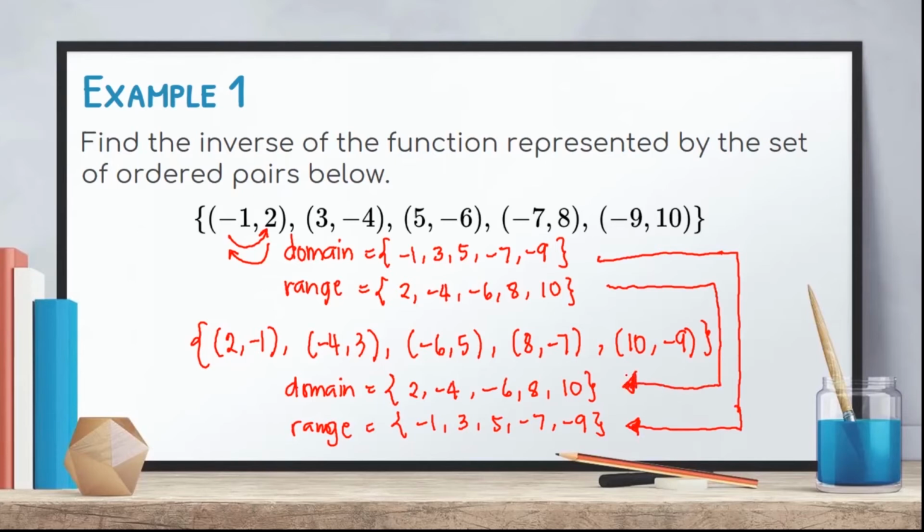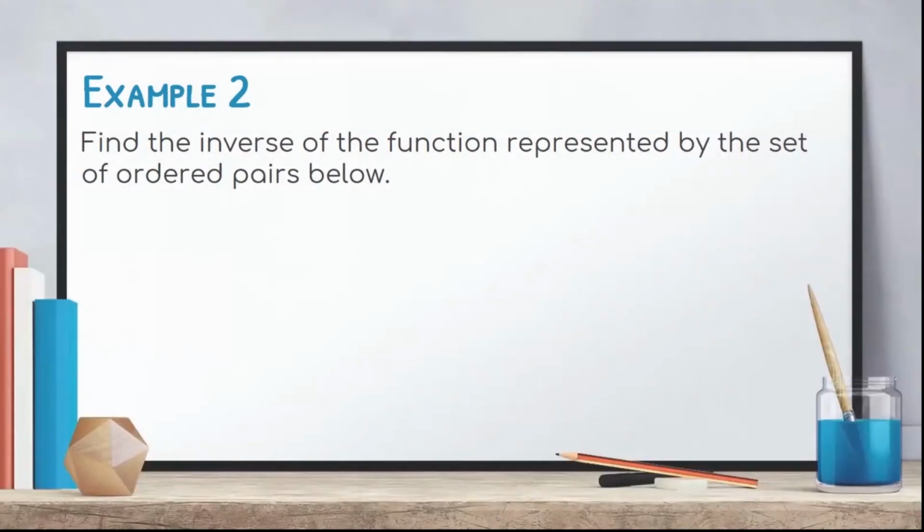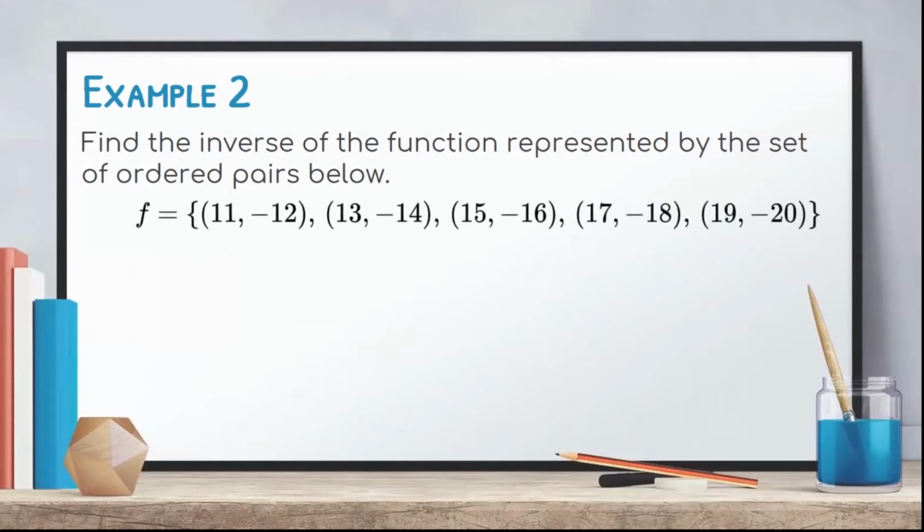Therefore, to find the inverse of a function given as a set of ordered pairs, we simply need to interchange the values of x and y. Let us have another one. Find the inverse of the function represented by the set of ordered pairs below. F is equal to the set of (11, -12), (13, -14), (15, -16), (17, -18), and (19, -20).